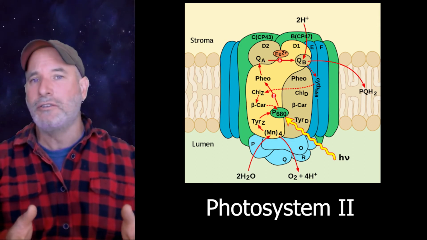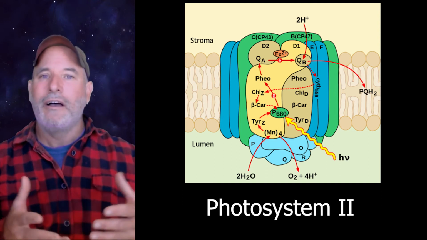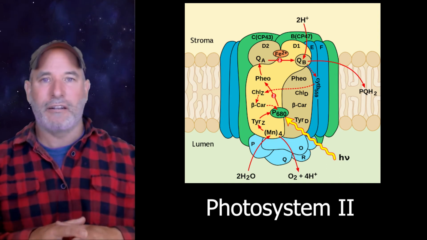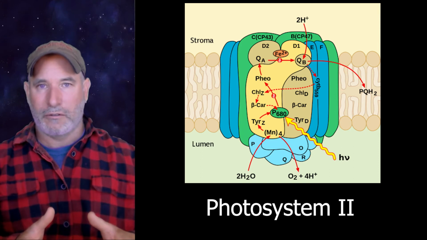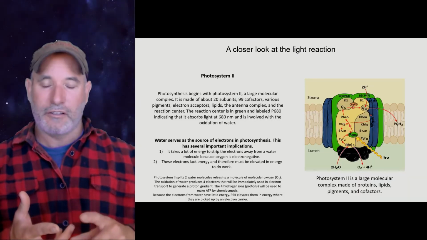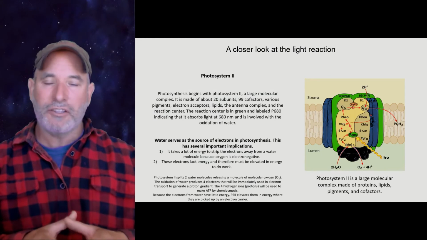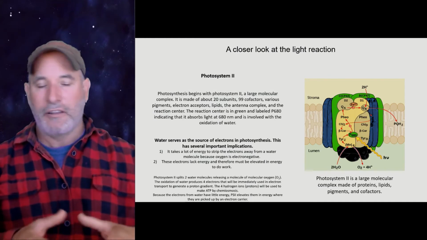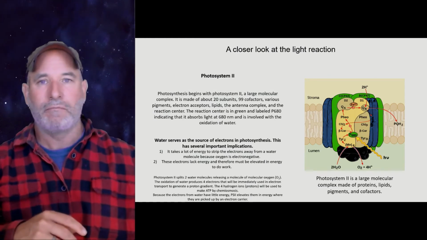It has no energy to do work. So it elevates the electron in energy. That is important, right? So that's what Photosystem II is doing. It's splitting water and then elevating the electrons in energy. And it's also releasing molecular oxygen that just basically diffuses out of the cell. Okay?